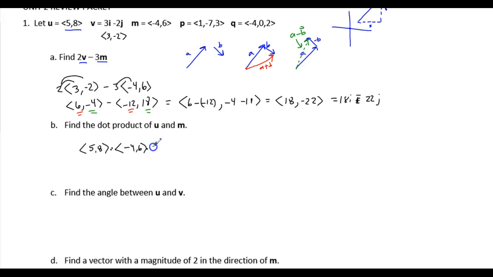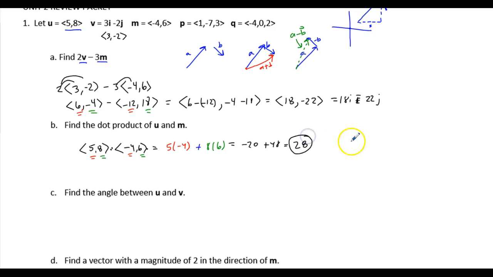Remember, the dot product tells us to what extent vectors are in the same direction. So the way we do that is we multiply the corresponding components. 5 times negative 4, those are the red ones that I underlined here. The green ones is 8 times 6. We're going to go ahead and add those two quantities, and we're going to get negative 20 plus 48 equals positive 28.